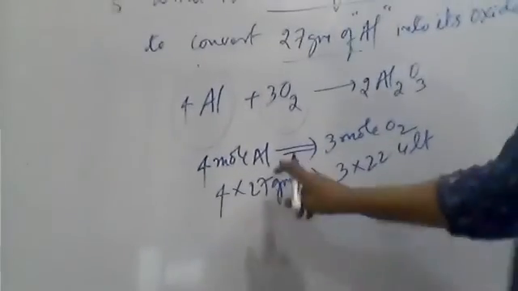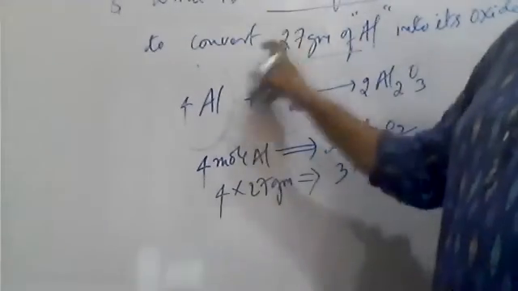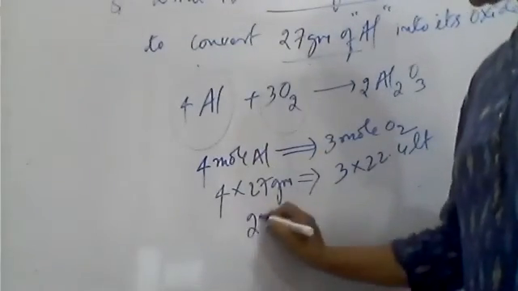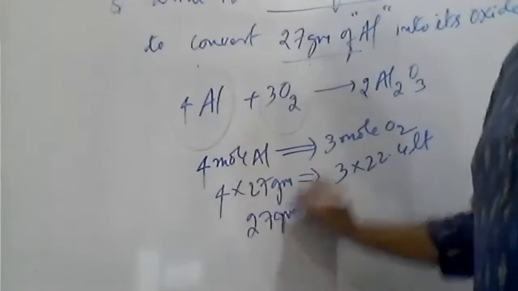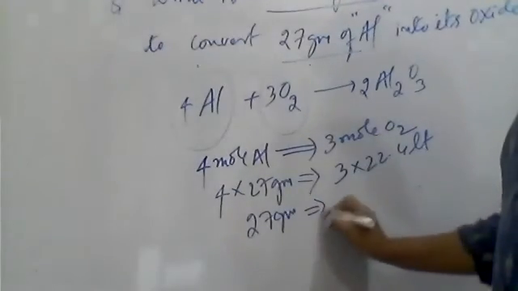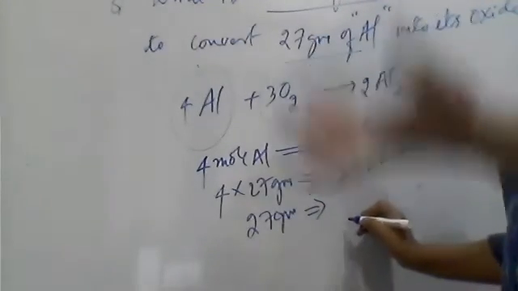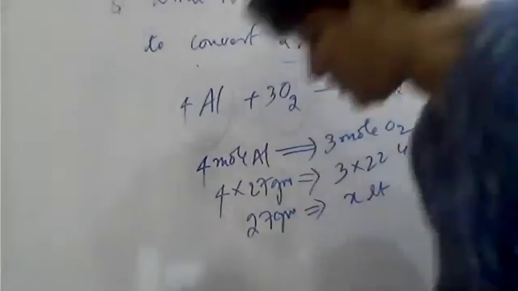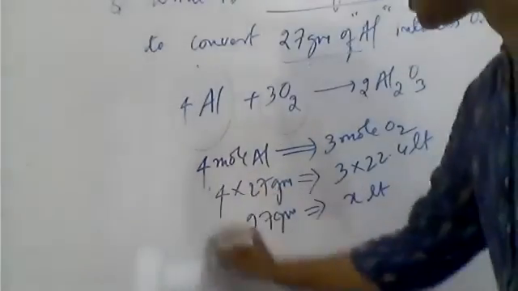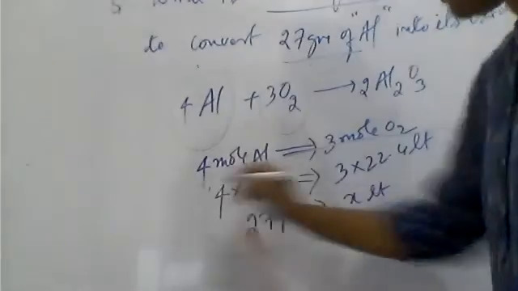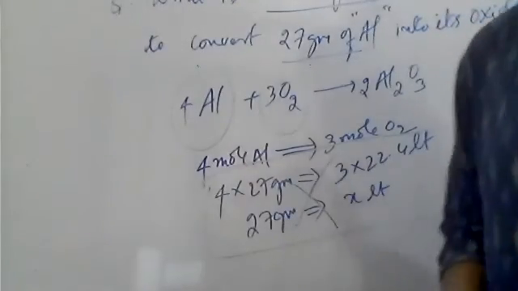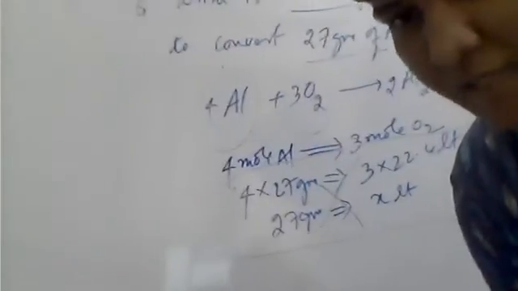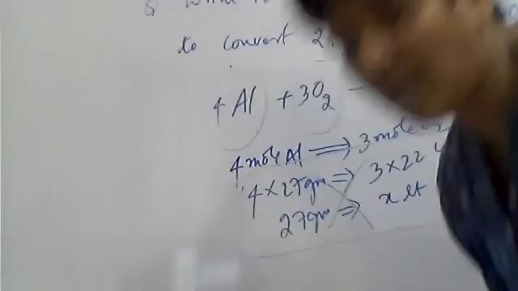If 27 grams of aluminium is there, then how much volume of oxygen is required? I don't know. You have to say that is x liters, and for this you have to do the calculation. So take this and crisscross. So what is that? 24 grams, is it? Who gave this answer? Kartikeya.